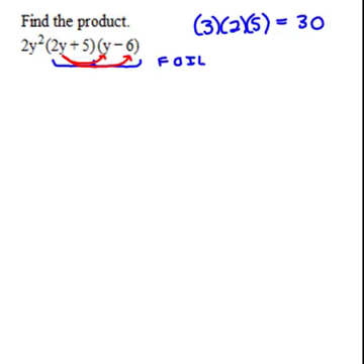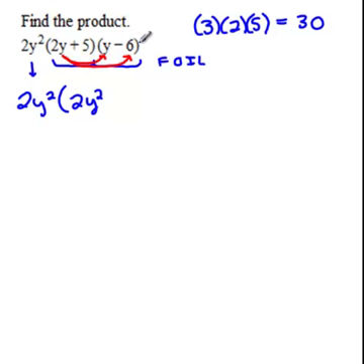The 2y squared at the beginning, I'm just going to bring that down. 2y squared, open parentheses, and then I'm going to distribute: 2y times y, which we write in shorthand as 2 times y squared.